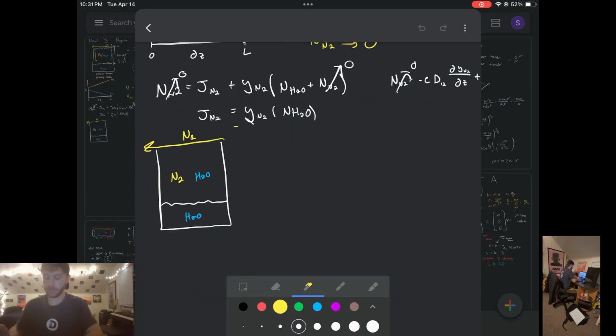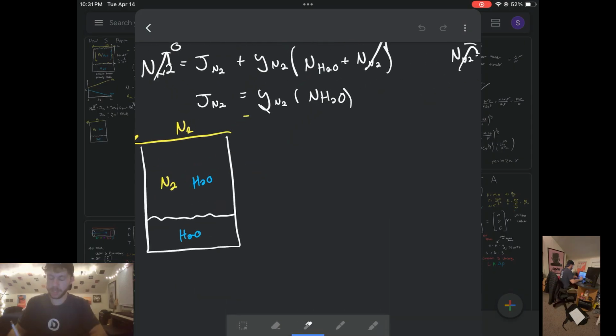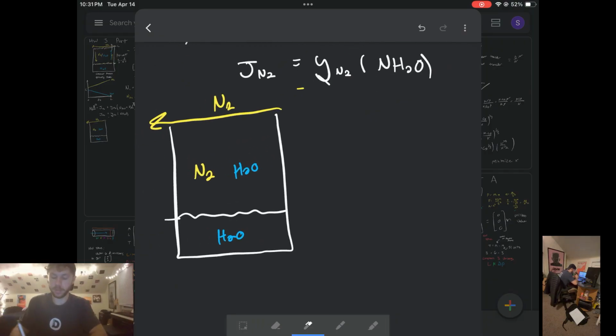So in this example, we'll say the vapor phase of this pool has a height of 1 meter. So we'll say 0 meters at the liquid surface and 1 meter where the nitrogen is flowing.